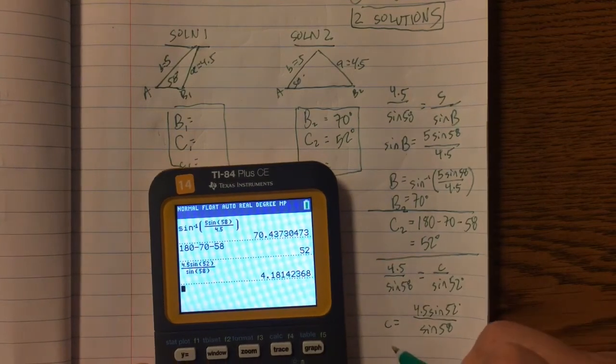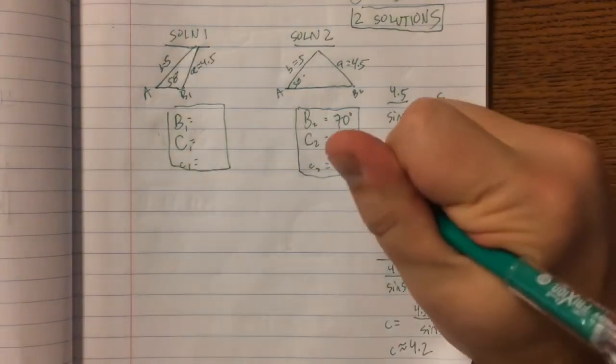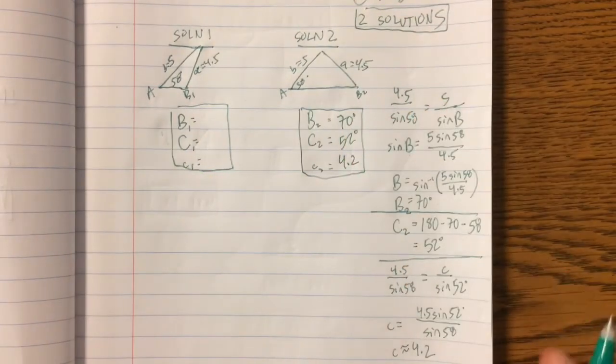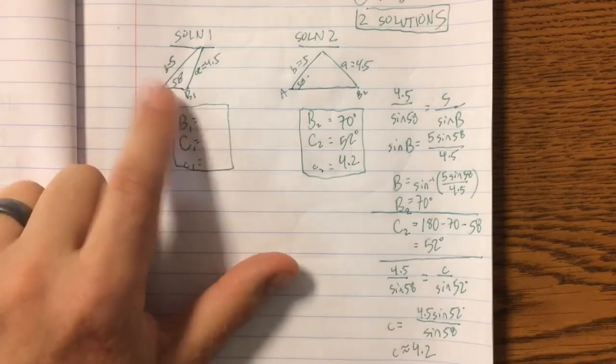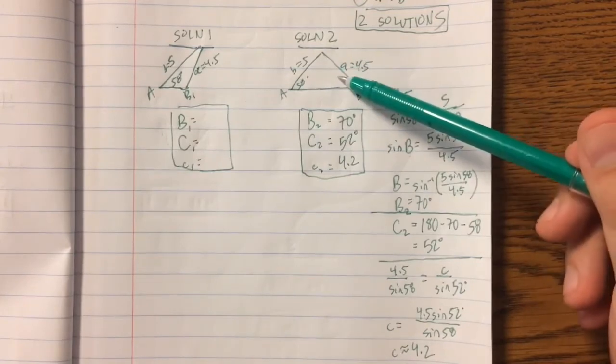So I get about 4.2. All right, so we solved one of the two triangles. All right, so you have to be a little tricky or a little clever about solving the second one, because the law of sines is basically going to lock you into solving this one.